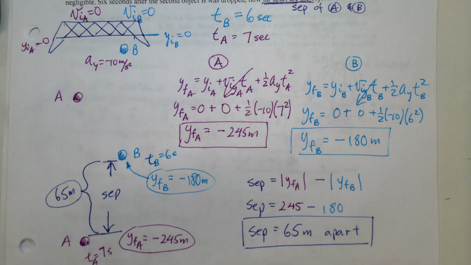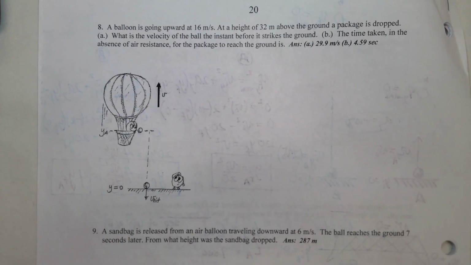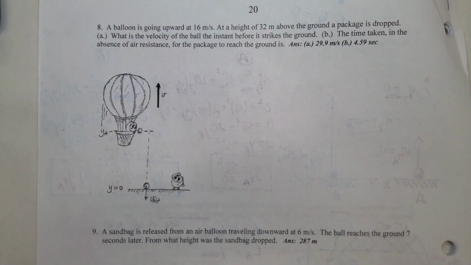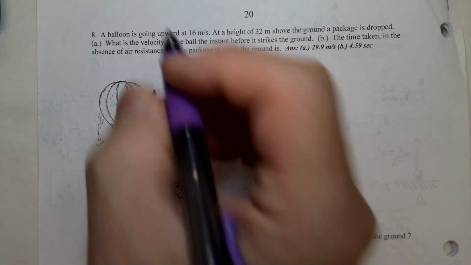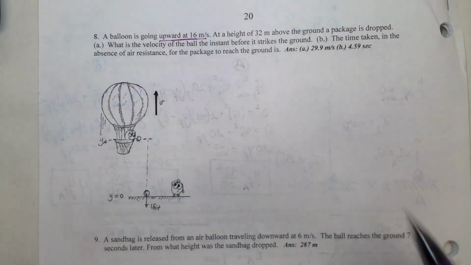All right. Moving along on page 20. For page 20, we have another balloon problem here. A balloon is going upwards at 16 meters per second.